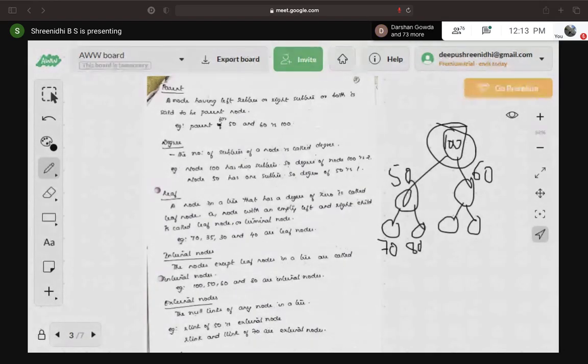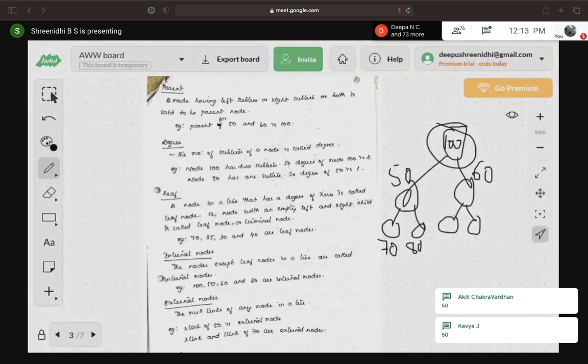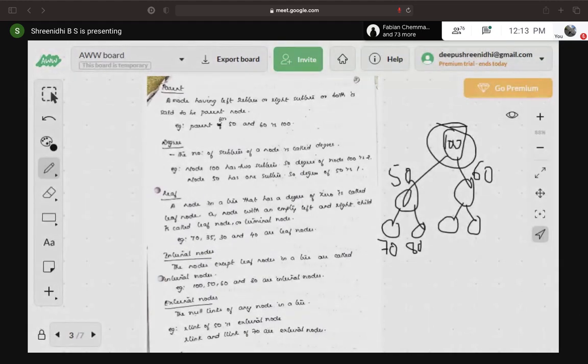The parent node for 50 and 60 is 100, as I told you. What is the parent node for 70 and 80? Yes, correct, 50. Fine, good. That's nothing but the parent node relationship.